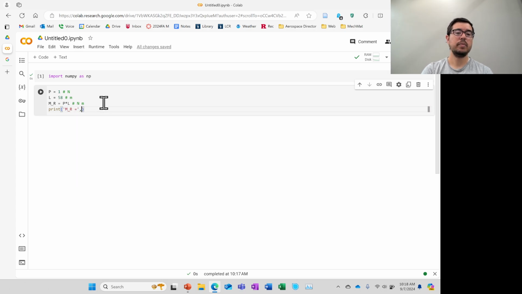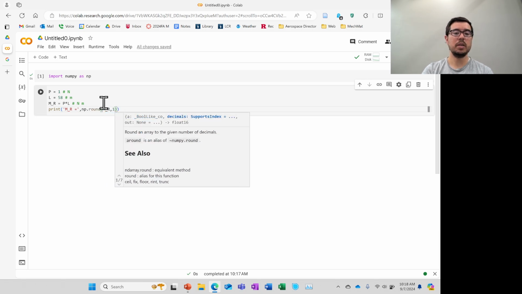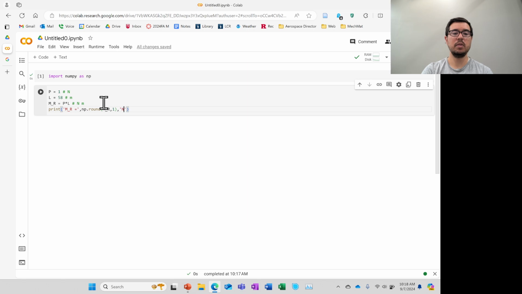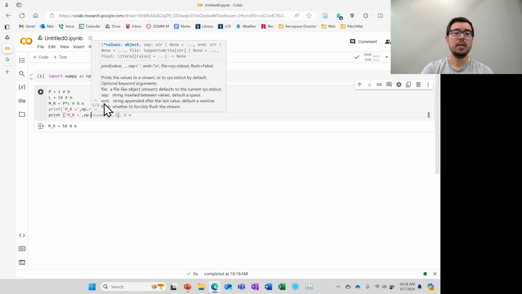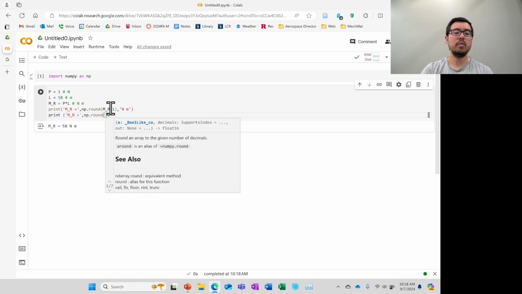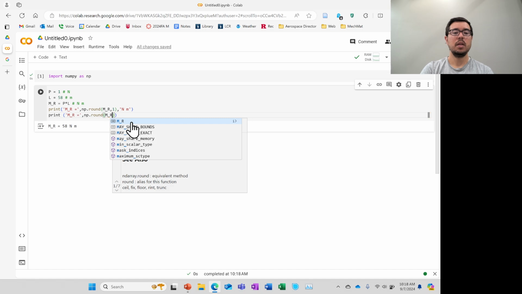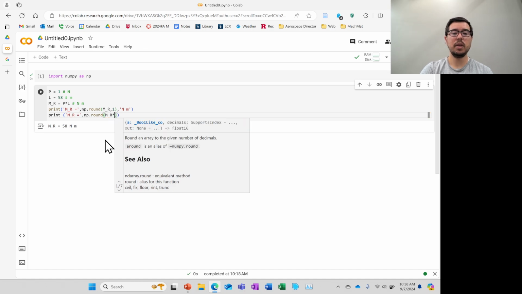Mr equals Mr, and we'll do 1 decimal point, and we'll say that the units are newton meters. That's a valid result, and it doesn't have the conversion to foot-pounds. But I can do it a variety of ways. I was tempted to add that conversion ratio in the original equation, but I can also do it in here.